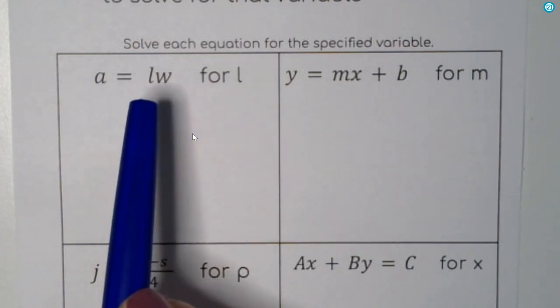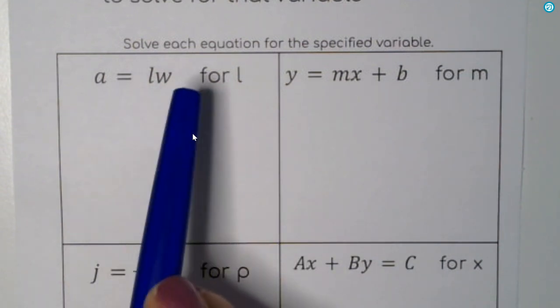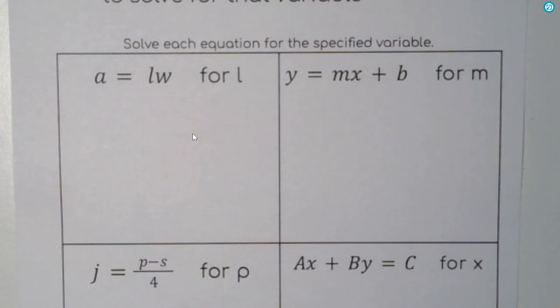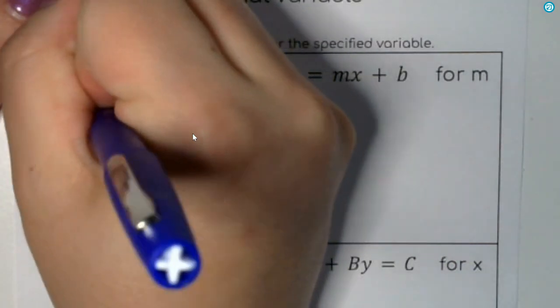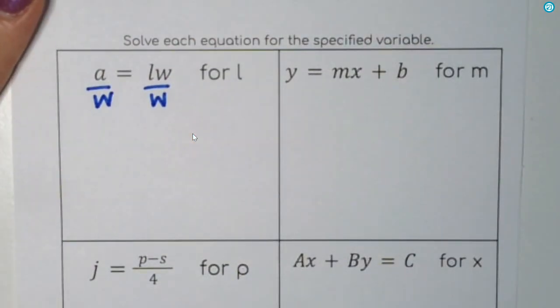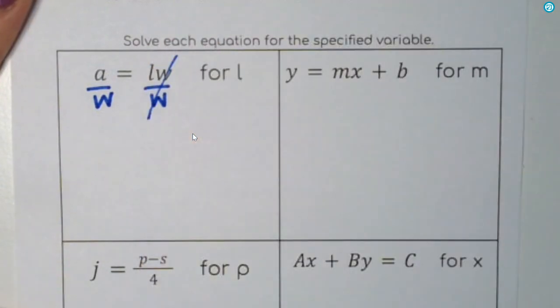LW means length times width. Opposite operation of multiplication is division, so we're going to divide both sides by W. When we divide both sides by W, these cancel.